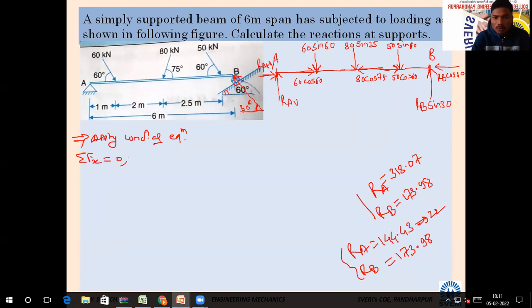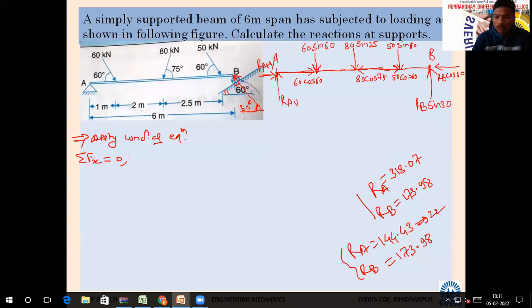In summation Fx equal to 0, as we have resolved the forces into horizontal and vertical components, x and y components, here we have to consider only the x or horizontal components, because whatever inclined forces were there, we have converted into horizontal and vertical.